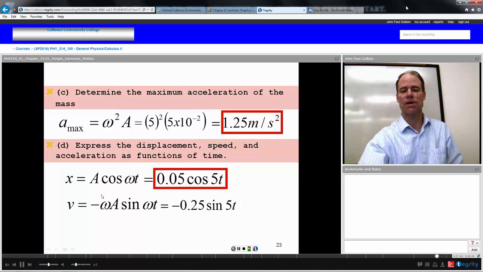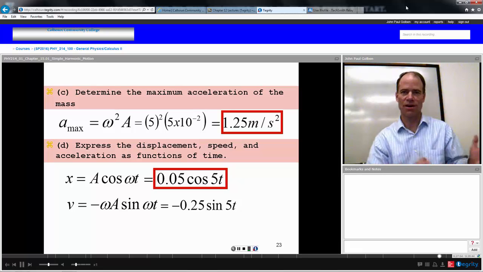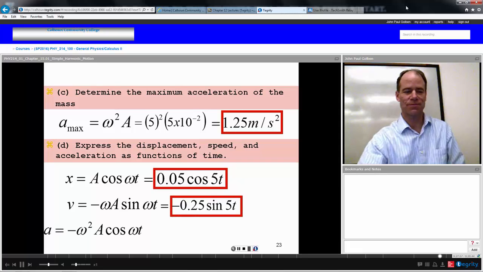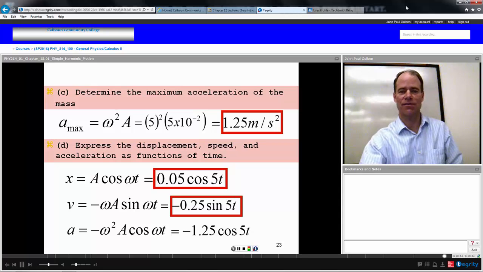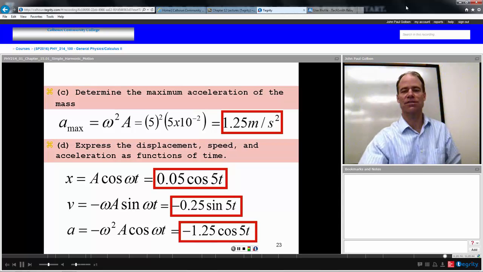And that's my velocity for all time. I can see that when the sine function is maximum, I get a maximum velocity of 0.25 meters per second, which we already determined to be our maximum velocity. For acceleration, I take another derivative, so I have negative 1.25 cosine 5t. That's my acceleration for all time.